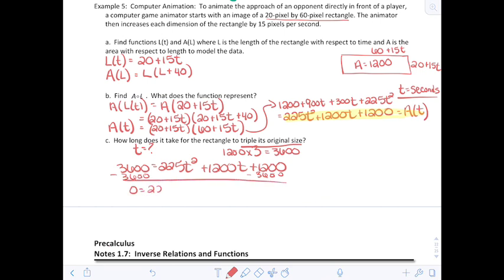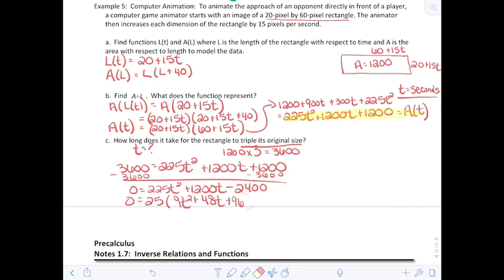And 0 is equal to 225t squared plus 1200t minus 2400. Okay, we have a greatest common factor of 25 here, so I'm going to factor out a 25 and let my numbers be a little bit smaller. 9t squared plus 48t plus 96.